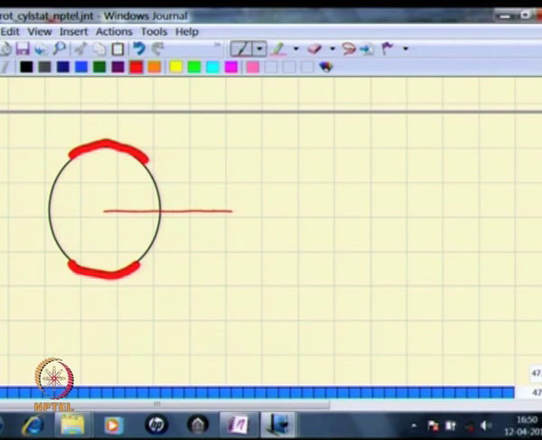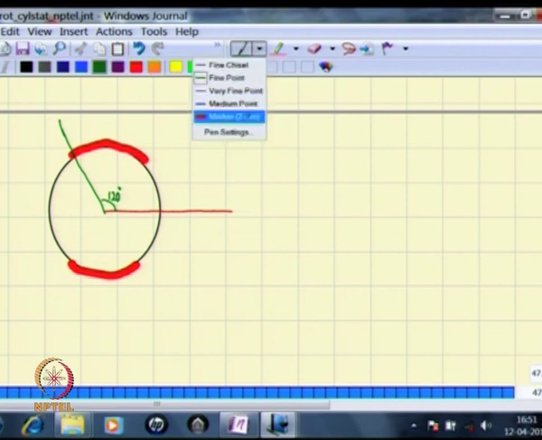Now, the green phase axis is 120 degrees displaced away from this. So, if we are to have that, then you need to have a coil spread which has its axis along this direction, this being 120 degrees. If that is the case, then you must have the coil here.